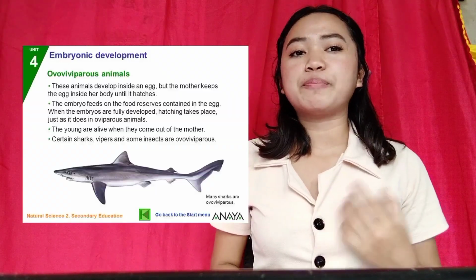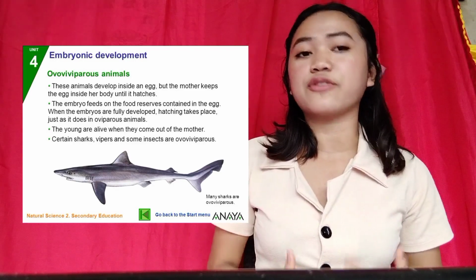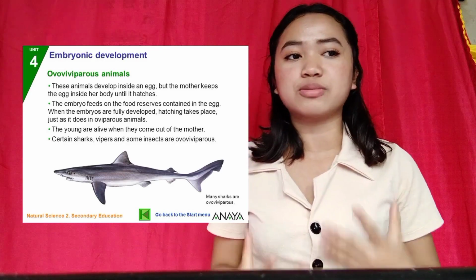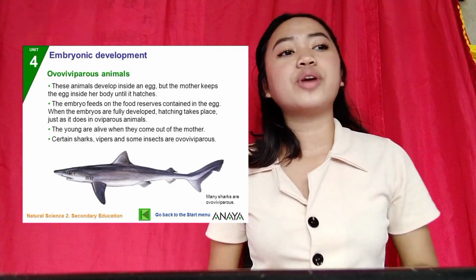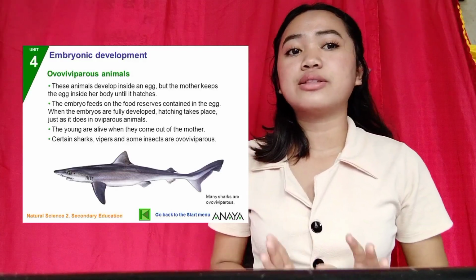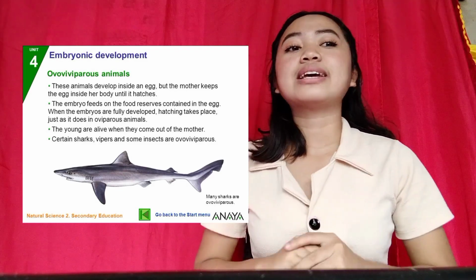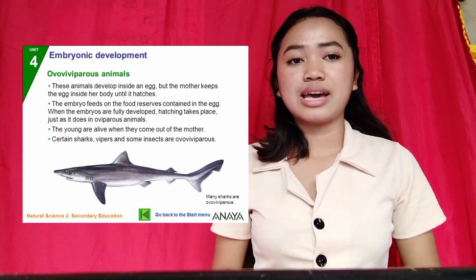In ovoviviparity, fertilized eggs are retained in the female, but the embryo obtains its nourishment from the egg's yolk, and the young are fully developed when they are hatched. Ovoviviparity, in other words, is egg carrying.